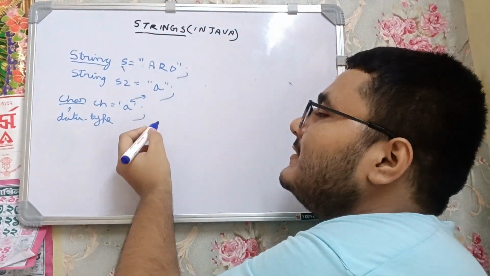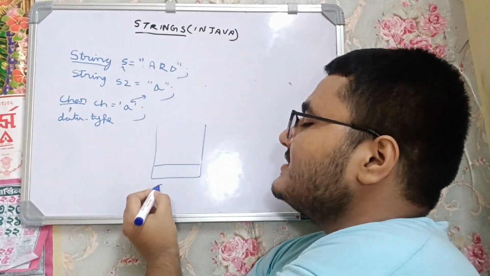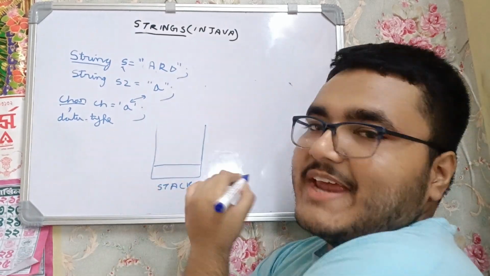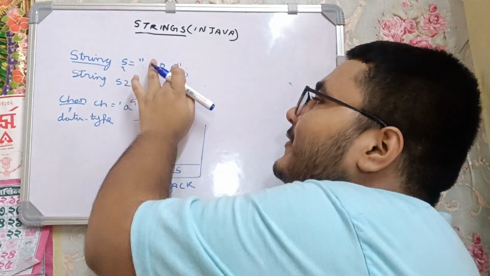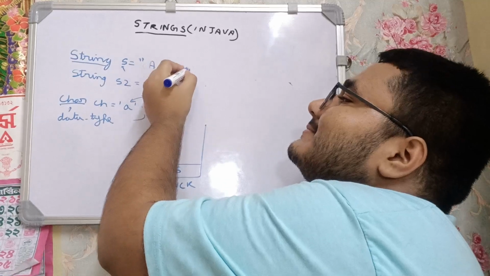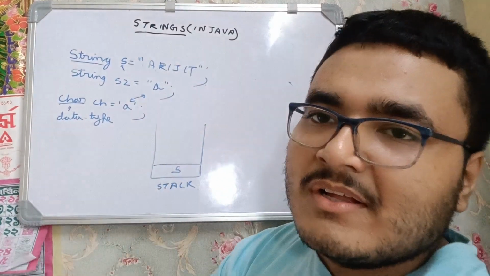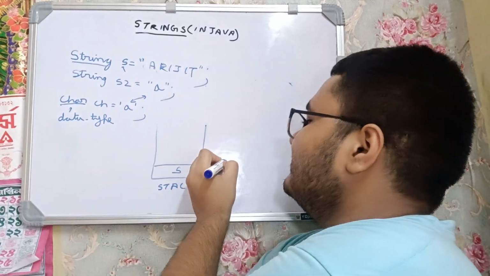Everything works under the stack, so I am having a stack, and under that stack I am having s. Now initially say I have stored Origin, fine. There is something called heap memory.